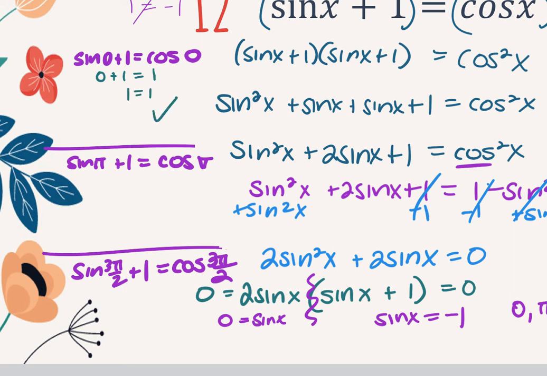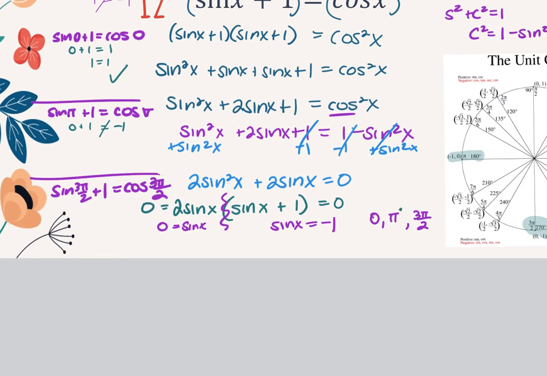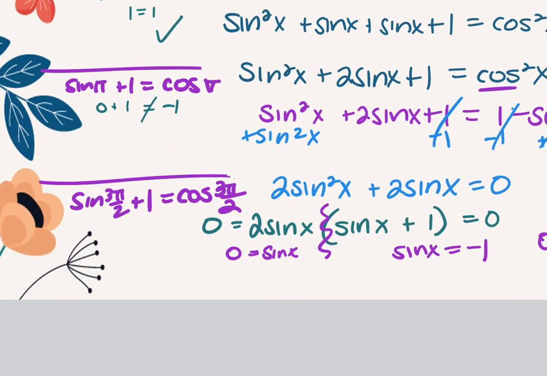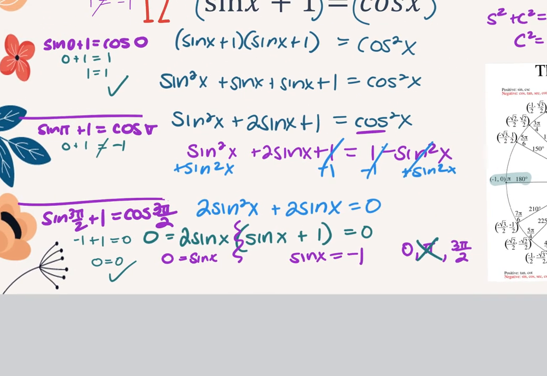So that one works. Sine at pi is 0. Cosine at pi is -1. So that one does not work. And sine at 3 pi over 2 is -1, plus 1, and cosine at 3 pi over 2 is 0. So that one works. So the 2 I keep are 0 and 3 pi over 2.